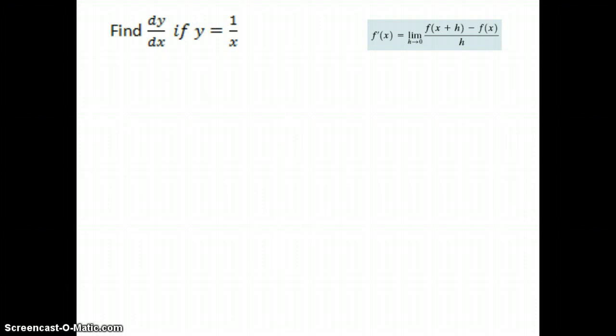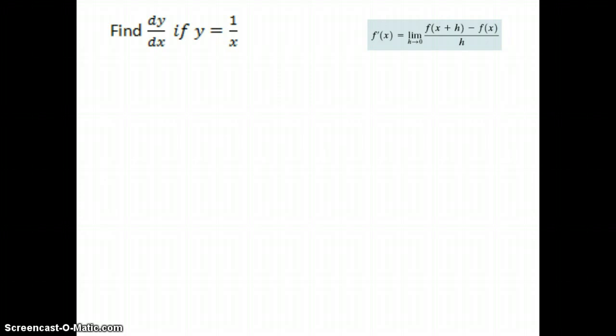Okay, last one. What we're looking for here is dy over dx, and what that means is the change in y over the change in x. That's literally asking for the derivative. Okay, so this is just another way of them telling us to find the derivative. Dy over dx means change in y over change in x, which is the rate of change, is slope, right?